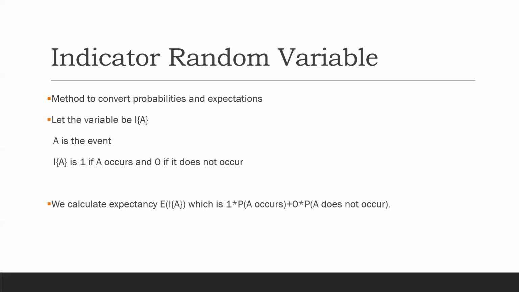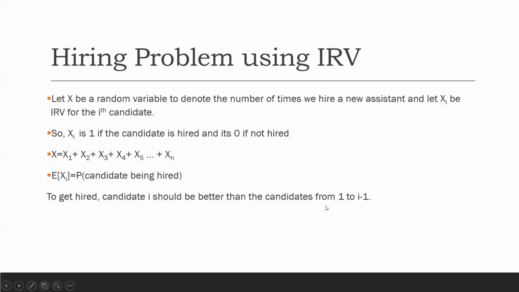To calculate the expectation of this I of A, the formula would be 1 times the probability of A occurring, plus 0 times the probability that A does not occur.